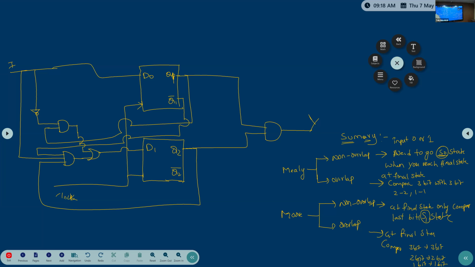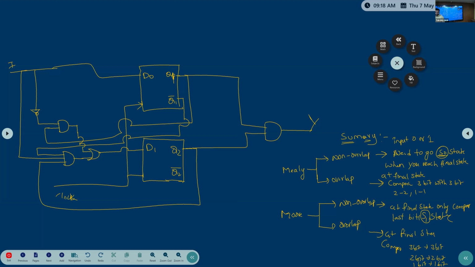And one more thing you need to remember. In Mealy machines, the output depends on the input, so the output equation will contain the input I also. But in Moore machines, the output does not depend on the input.